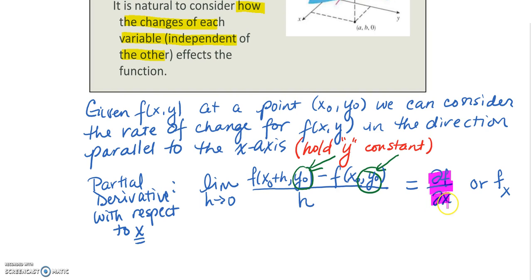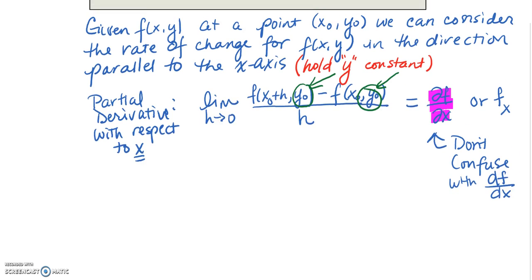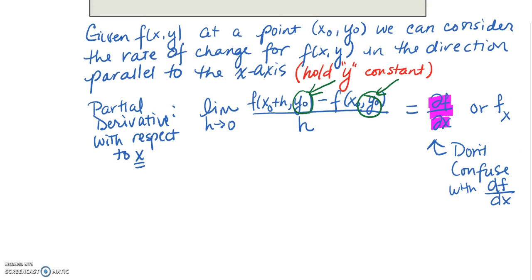Do not confuse them. They are completely different things. When I use the English letter d, I am implying that the function is a function of a single variable. And I know that isn't the case because I was told I had a function of two variables. If I have a function of two or more variables, I must use the partial derivative symbol.